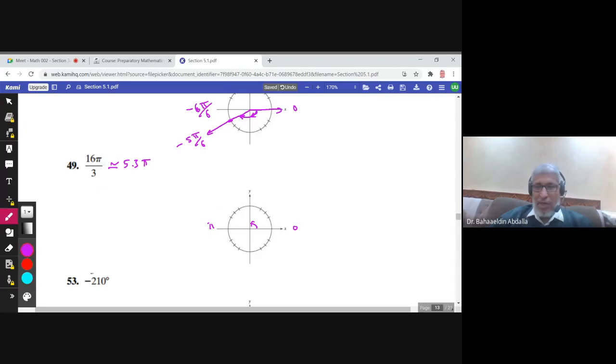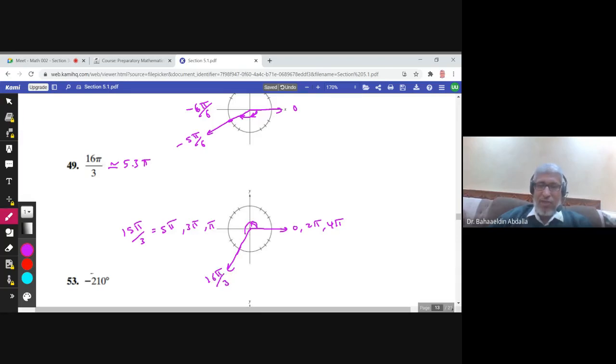This is pi. This is 2 pi. This is 3 pi. This is 4 pi. And this is 5 pi. And remember that 5 pi is 15 pi over 3. You multiply by 3 up and down. 15 pi over 3. I need 16 pi over 3. So this angle from here to here is the angle 16 pi over 3.